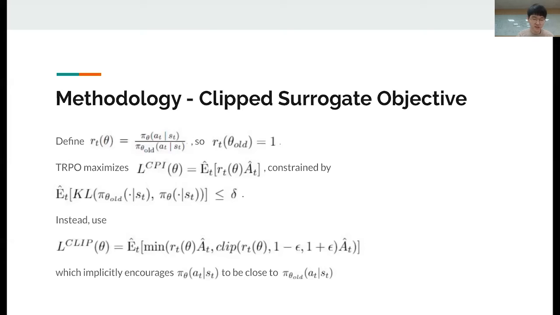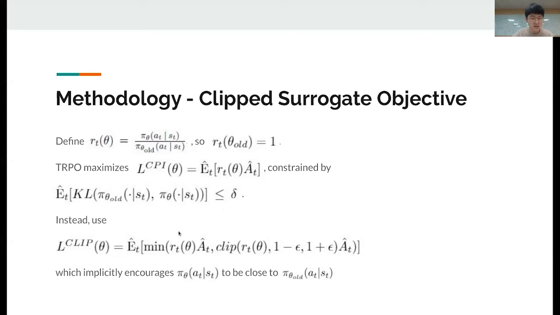Clipped surrogate objective defines this rt, which is the probability ratio between the new and old policy. This rt gets closer to 1 as zeta gets close to old zeta and becomes 1 when zeta is equal to old zeta. TRPO used KL divergence to make the new policy close to the old policy.